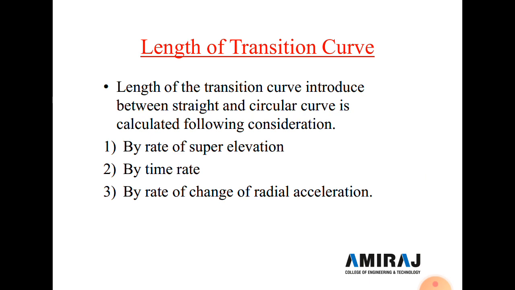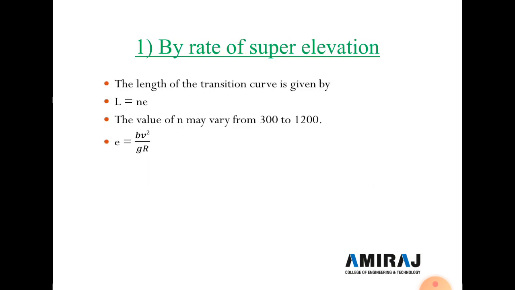Now the next topic is the length of the transition curve. The length of the transition curve introduced between the straight and the circular curve is calculated by the following considerations. First is by rate of super elevation, second is by time rate, and third is by rate of change of radial acceleration. First we discuss the rate of super elevation.